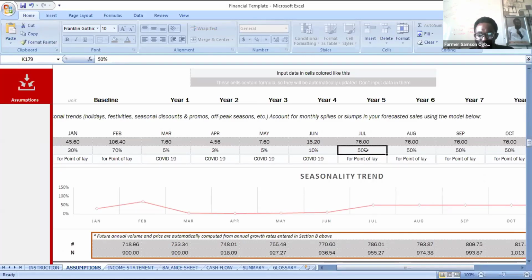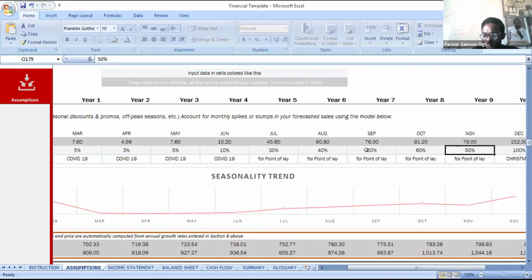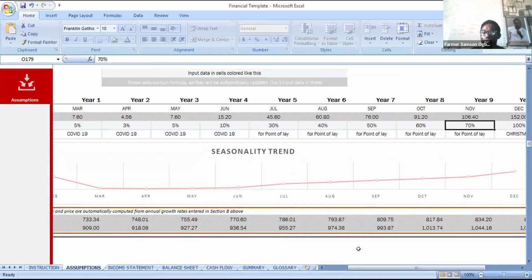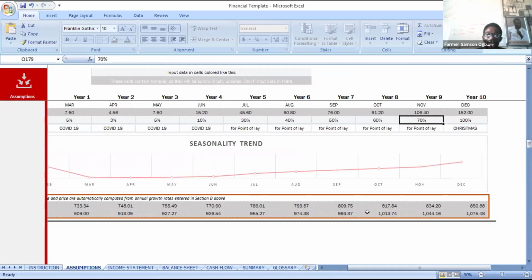So let's say after COVID-19, you had 30%, then it became 40%, then 50, just trying to rush, this became 60, and this became 70, and at Christmas period, the thing went boom. Based on what you have filled in, I can look at your seasonality trend and say, I know this business was profitable at the beginning, but because of COVID-19, everything went down.